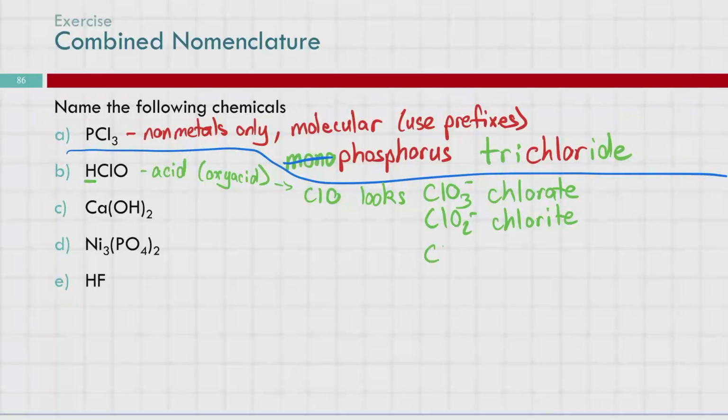Yeah, we had the hypo, so ClO-, hypochlorite. Since it's an acid, how do we change the ending? We change it to OUS, so this would be hypochlorous acid.